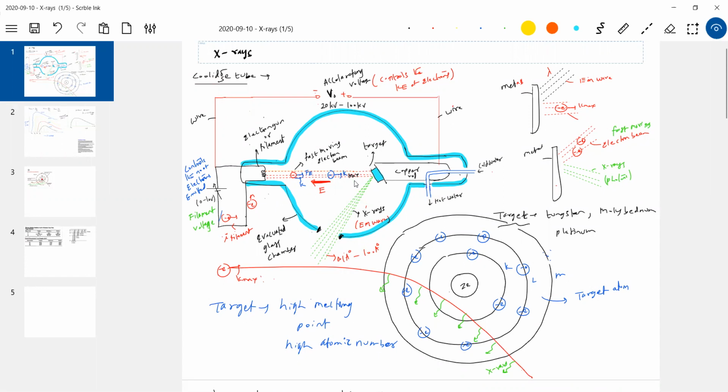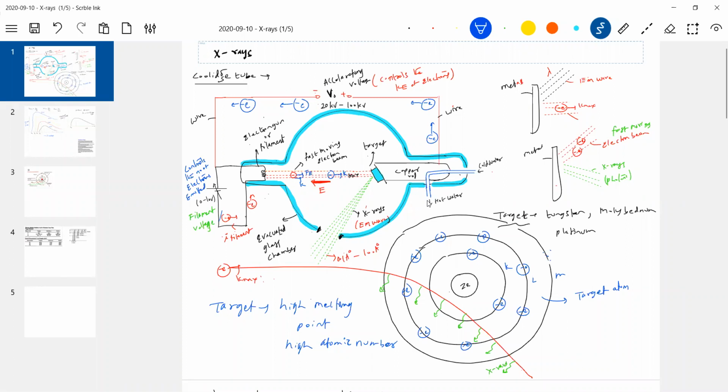Okay, now after this, what happens to the electrons? The filament will continuously lose electrons. It's a big problem. These electrons will be attracted by the positive terminal of the accelerating voltage. Are you getting the passage?